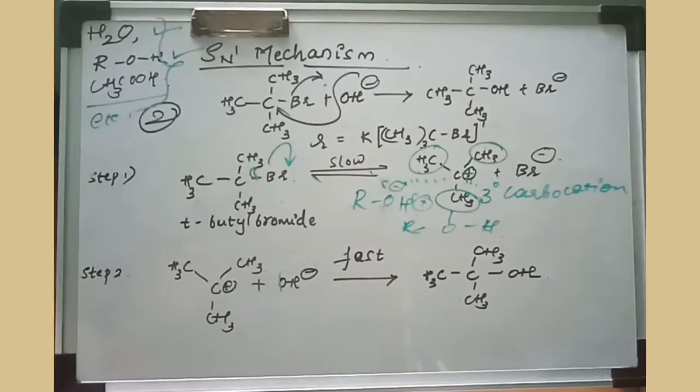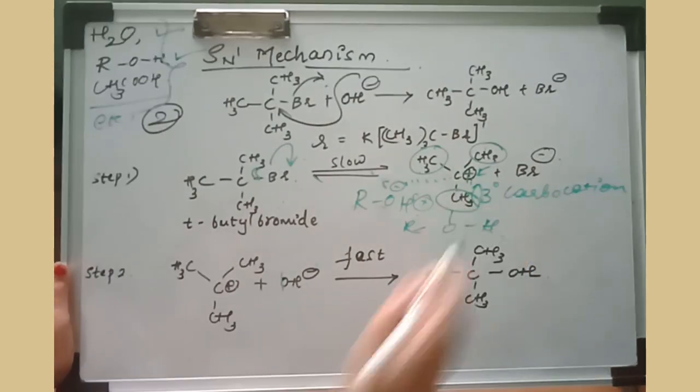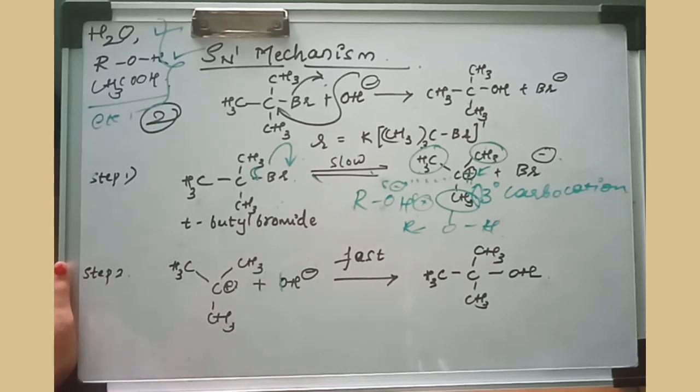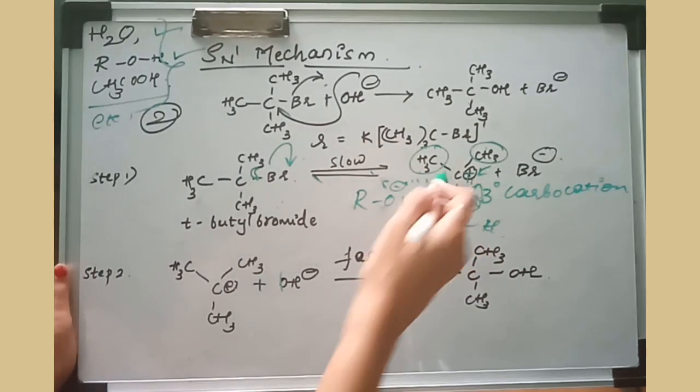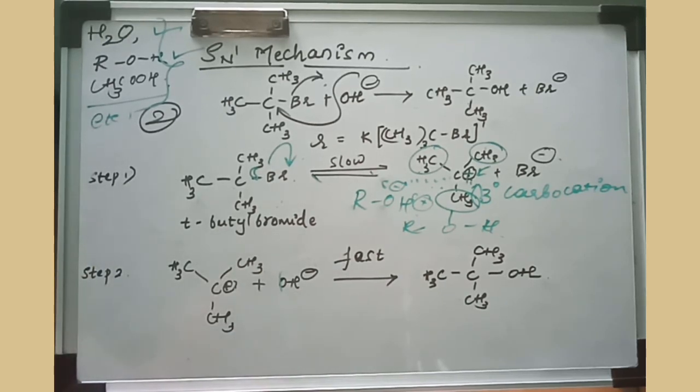As a result, they will try to suppress this positive charge, so that the stability of that carbocation will be increased. So the role of this polar protic solvent is just to make this intermediate carbocation stable. That is one thing you have to remember. That means in the SN1 reaction, as there is a formation of carbocation intermediate, that is why we make use of this polar protic solvent to stabilize the carbocation.